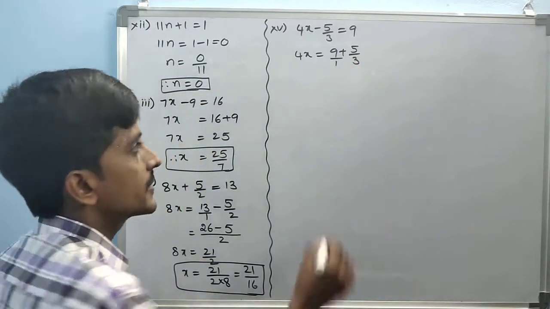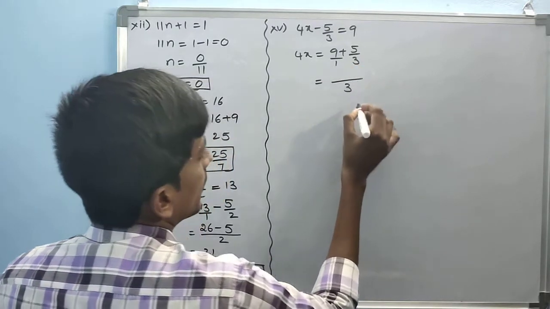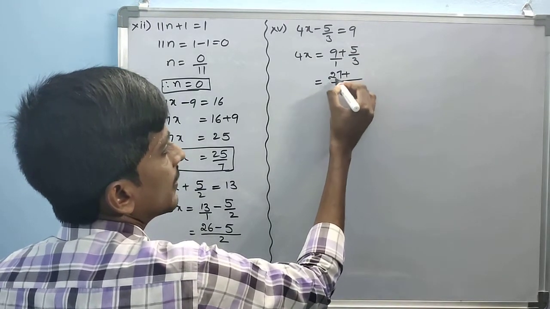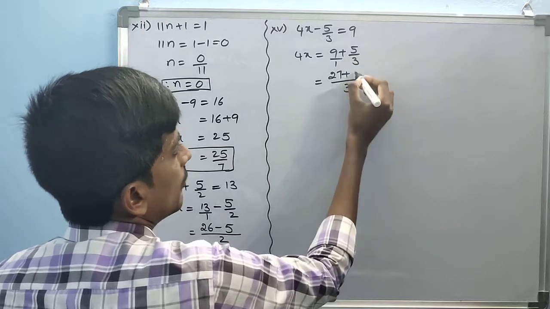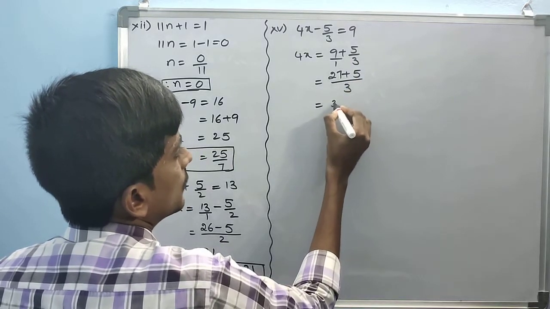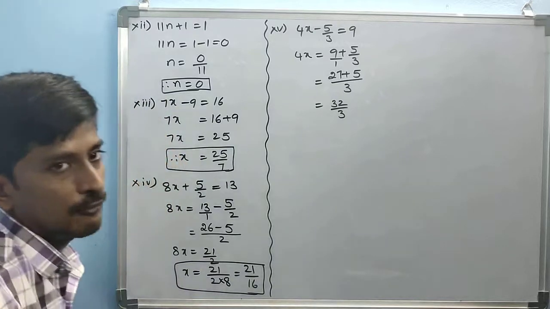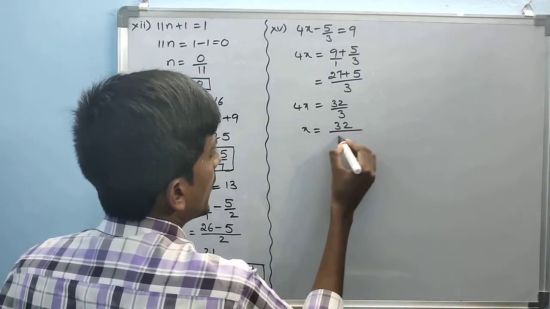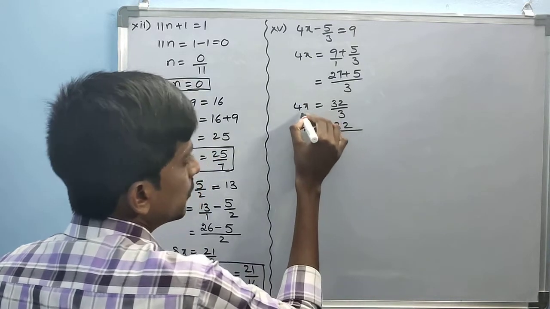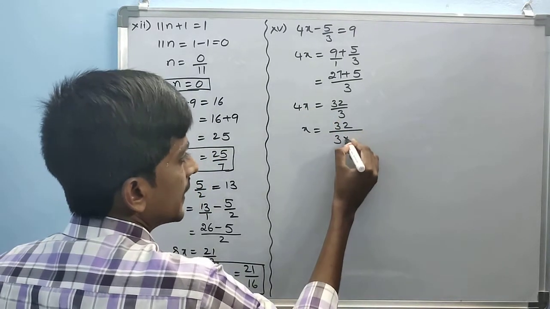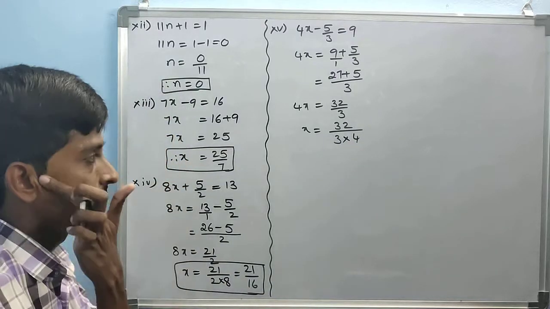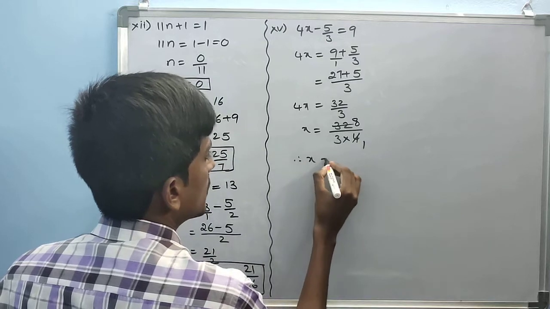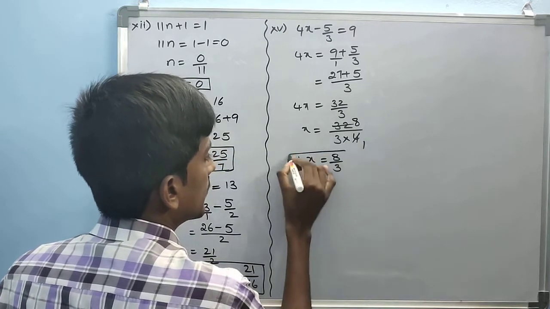What is the LCM of 1 and 3? 3. 1 how many times 3? 3 times. 3 9s are 27 plus 3 1 times 1 5s are 5. So 32 by 3. 4x equals 32 by 3. Here 4 is multiplied, so transfer to this side as division by 4. 4 1 times 4, 8 times. Therefore x equals 8 by 3.